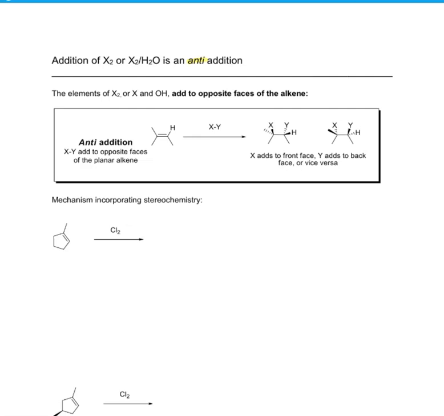That means that whatever elements we're attaching are attaching to opposite faces of the alkene. So when we draw the product, one of them is going to come forward and the other one's going to go back.